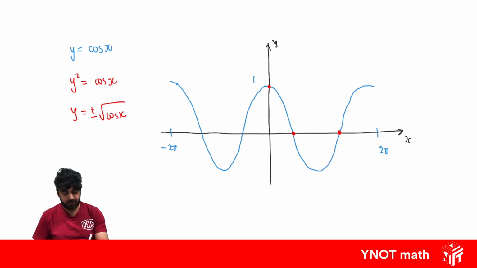So we know the graph cuts at all of these points as well, because the square root of 0 is still 0, and the square root of 1 is still 1. Now, all of these values are in between 0 and 1, which means the square root of those values is bigger. So we know our graph is doing something like that.